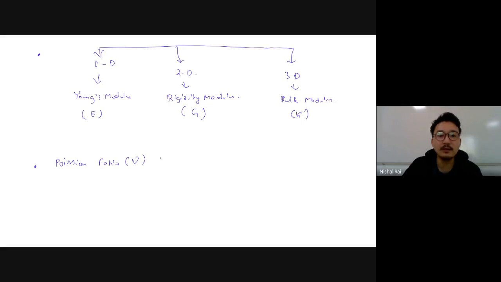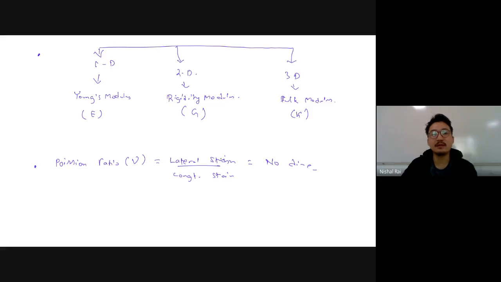Depending on that, it was a ratio of lateral strain by longitudinal strain. So what will be the dimension of Poisson's ratio? No dimension, because strain does not have any dimension, and also you are dividing strain by strain.